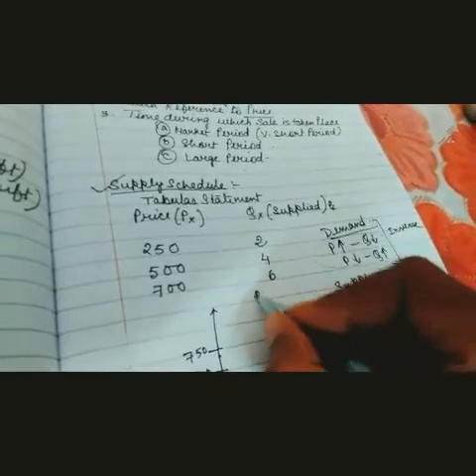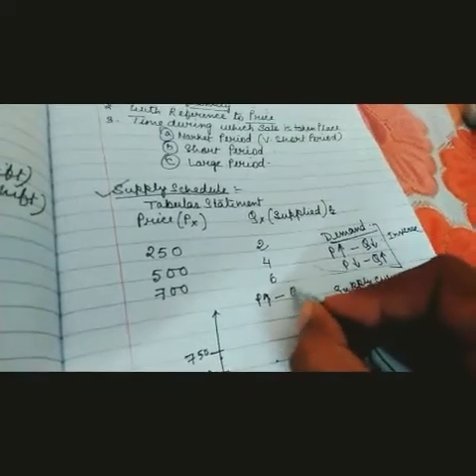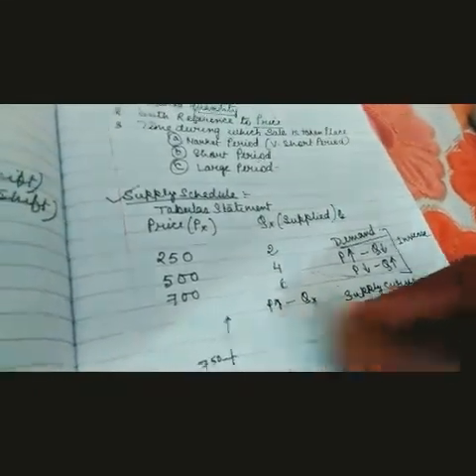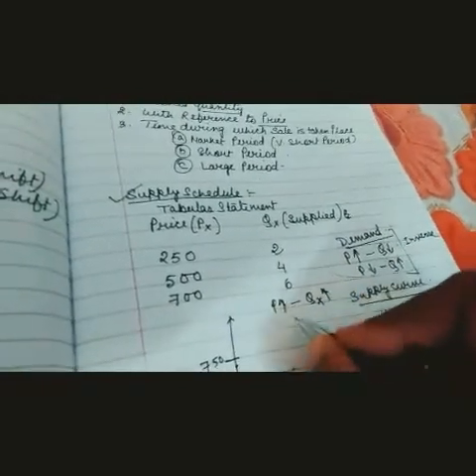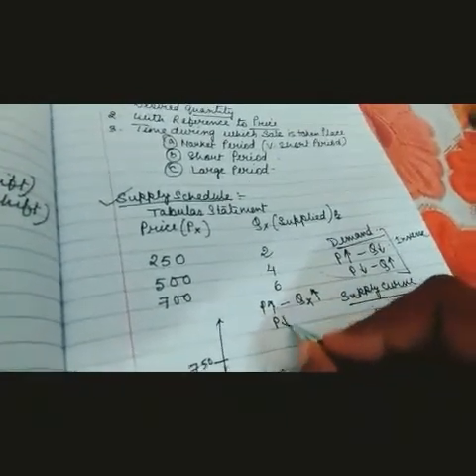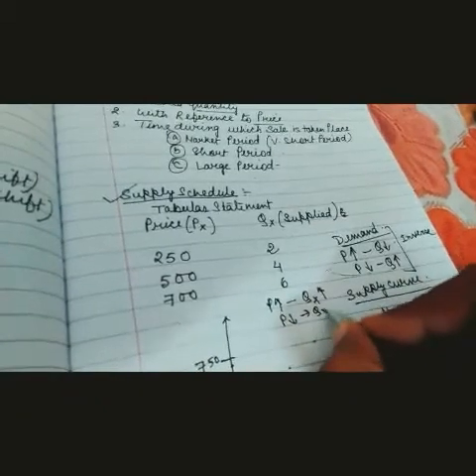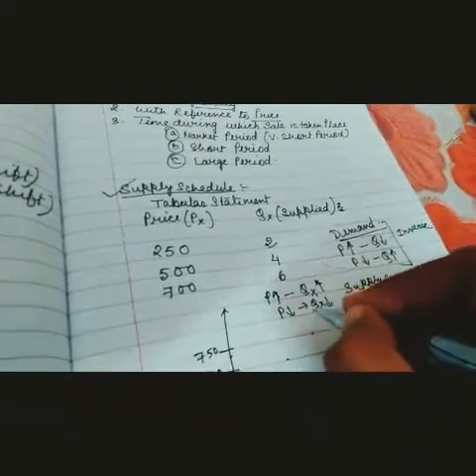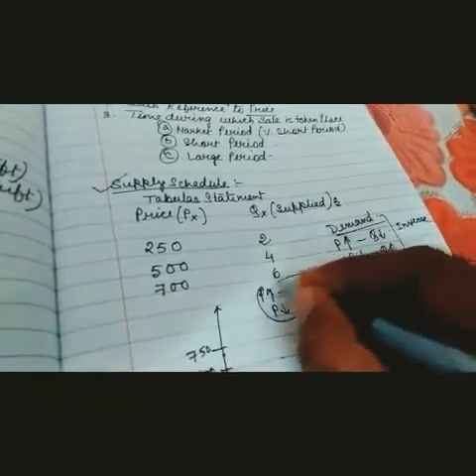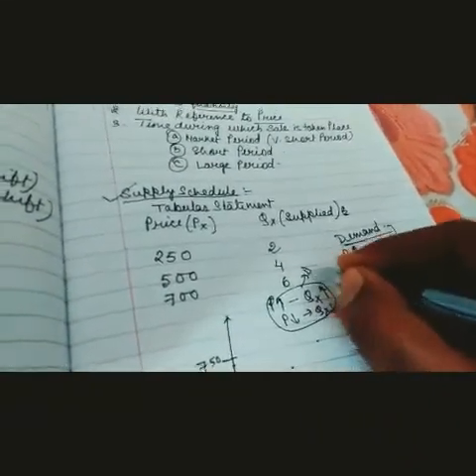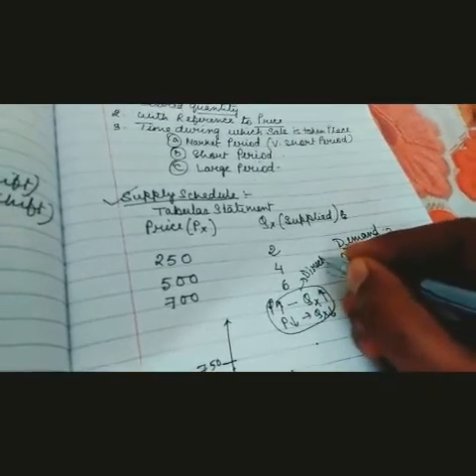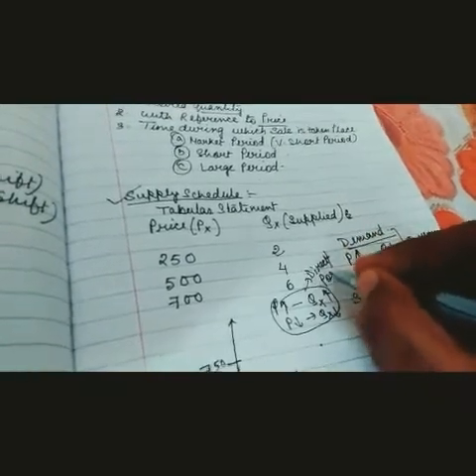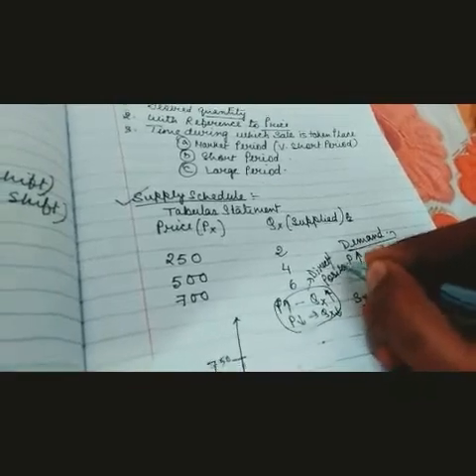Here we can see that when price increases, quantity supplied is increasing, and when price decreases, quantity supplied decreases. So this is the major change, and this relationship is called direct or positive. Just the opposite of demand.